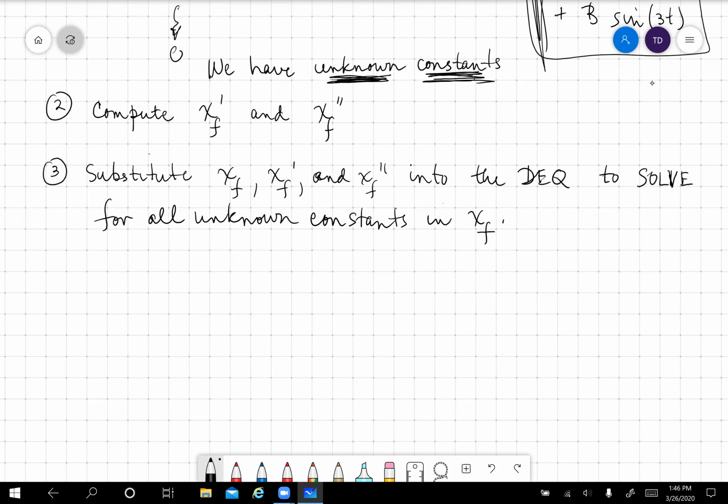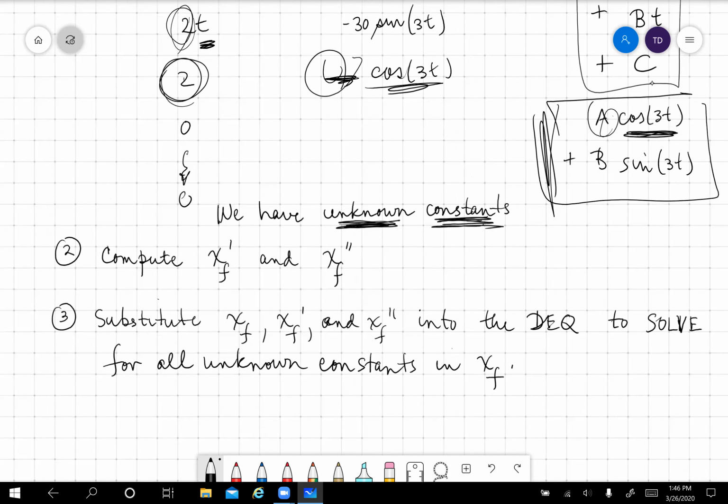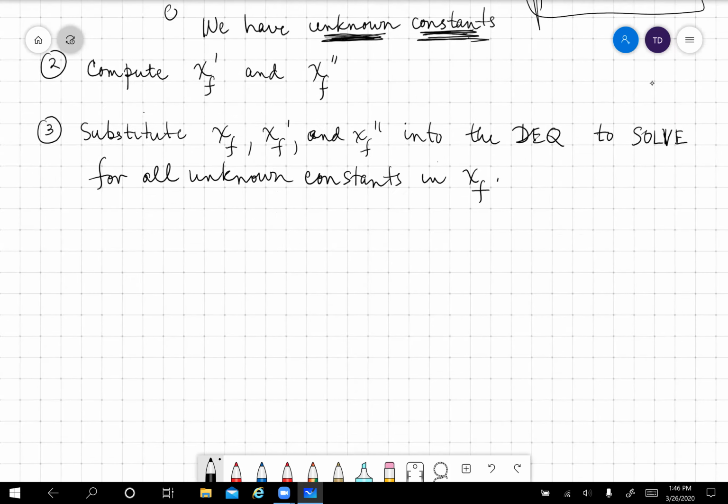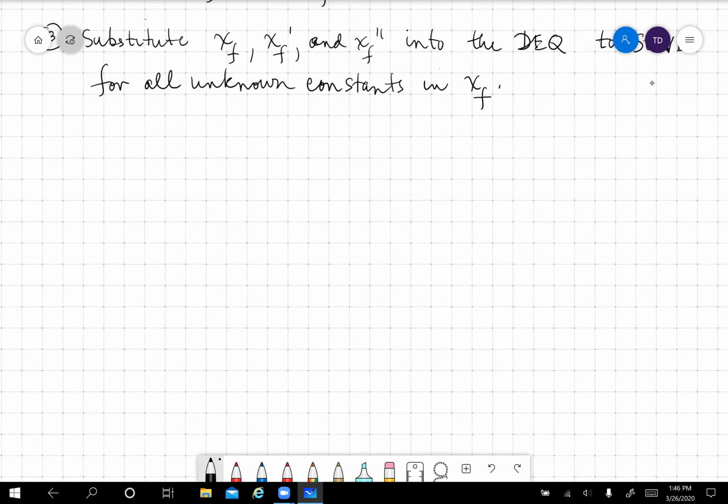Up above, I had A's and B's and C's. When we're done, we're going to solve for all of those so that the forced response will be completely known. There's nothing that is unknown to us in the forced response. The only unknowns, the K1s and the K2s, are in the natural response.